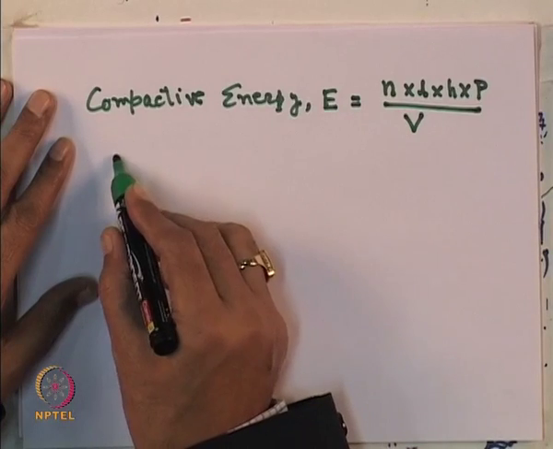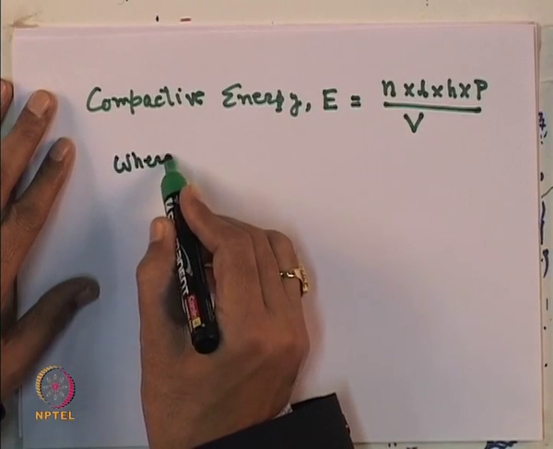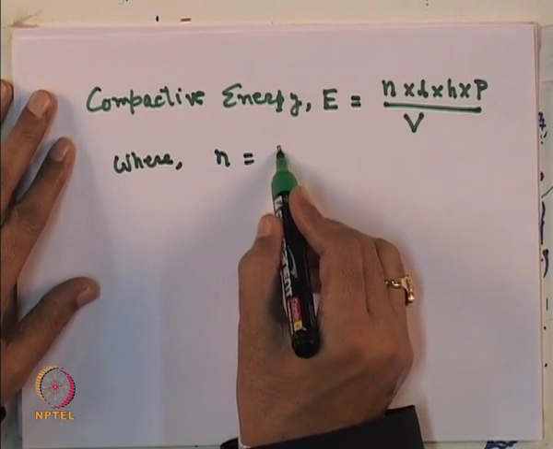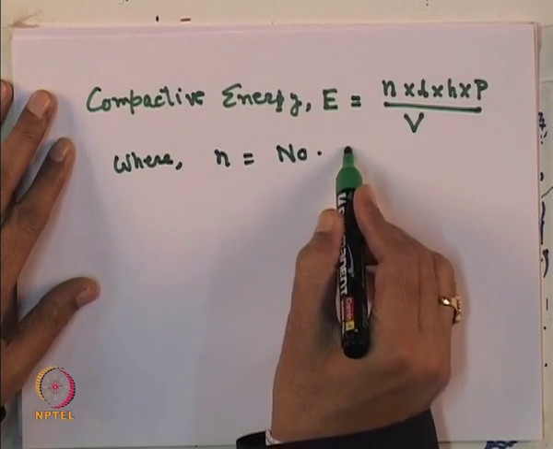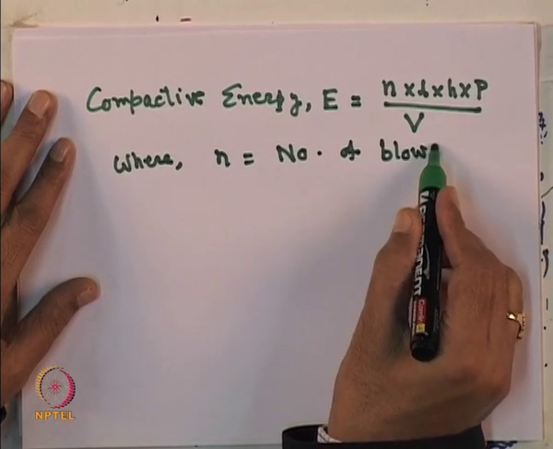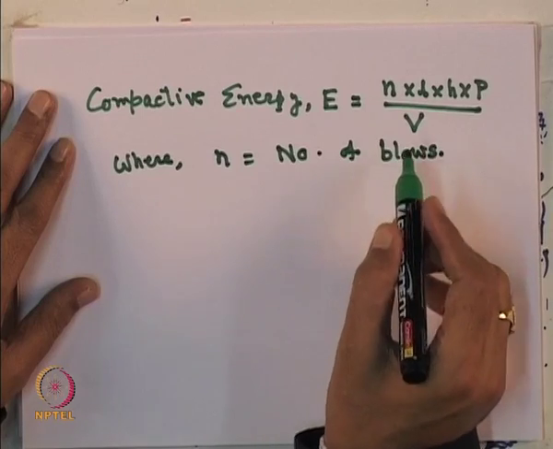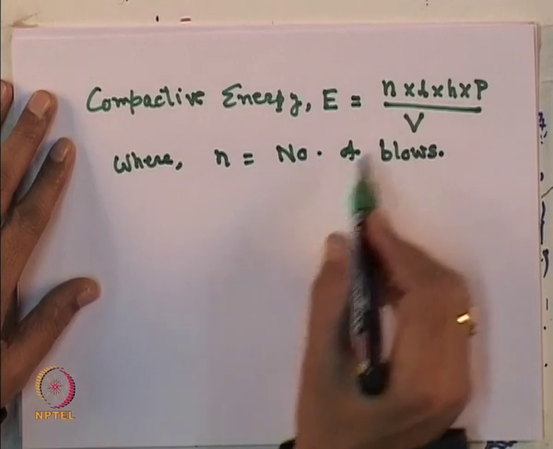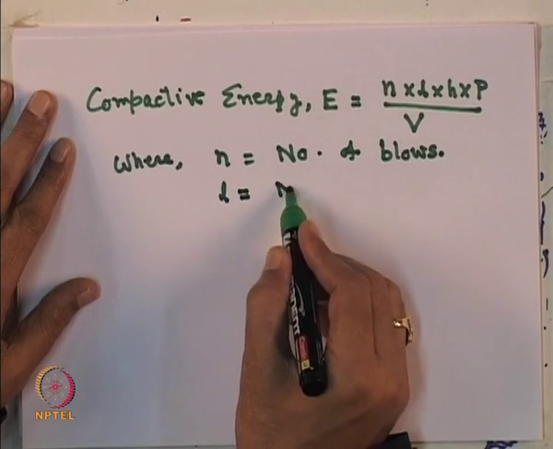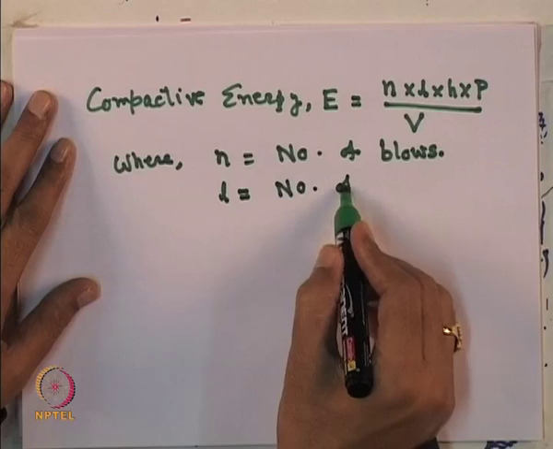where N is the number of blows, and L is the number of layers.